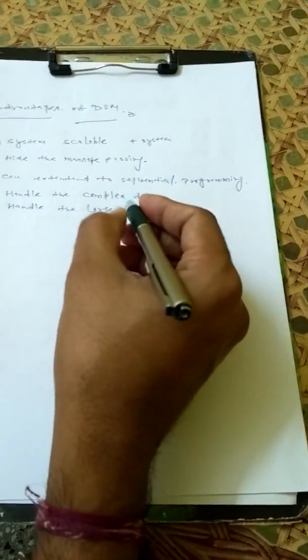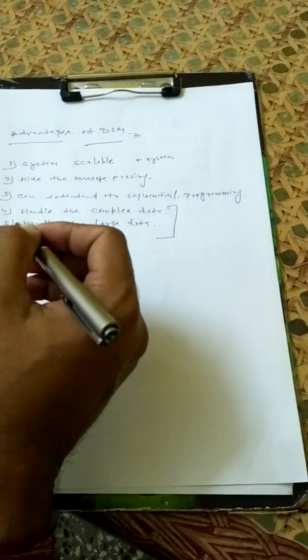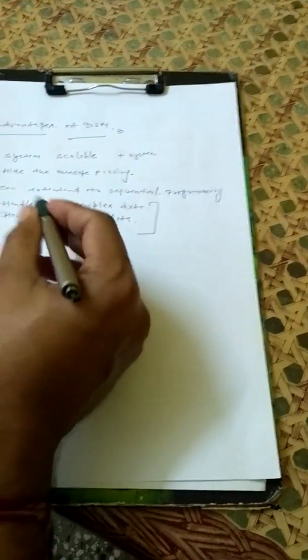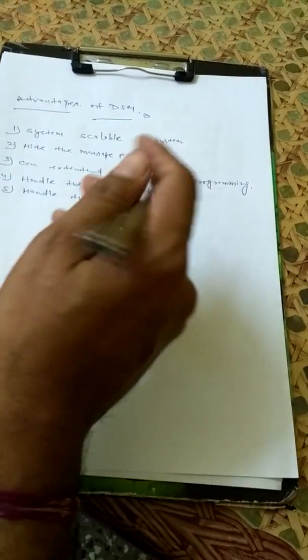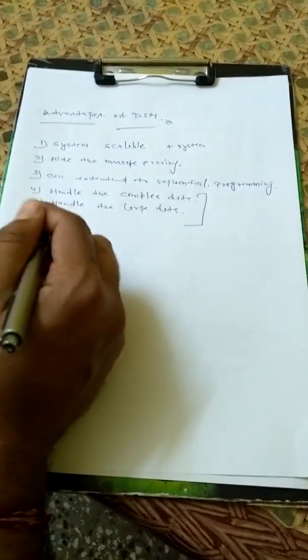And in this part we can also say that we can reduce the replication. So this is the important part. Through the DSM we can reduce the replication, so our system will work efficiently.